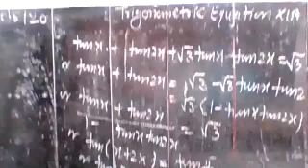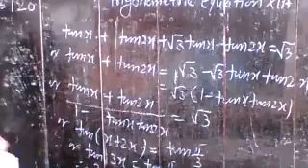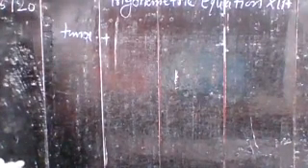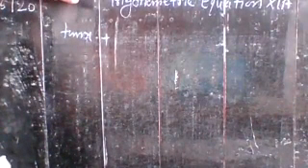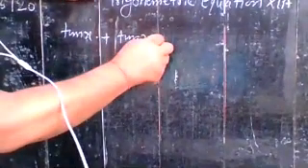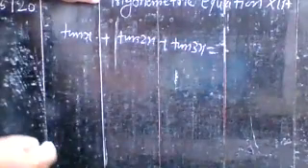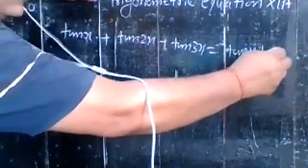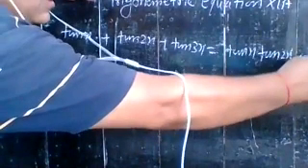So, next question. Solve tan x plus tan 2x plus tan 3x is equal to tan x into tan 2x into tan 3x.